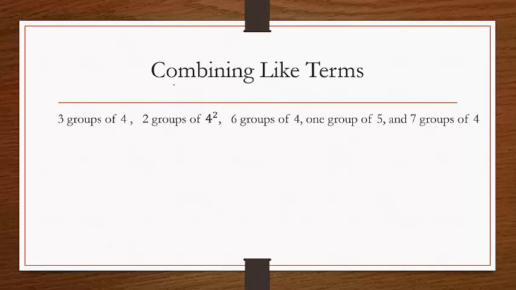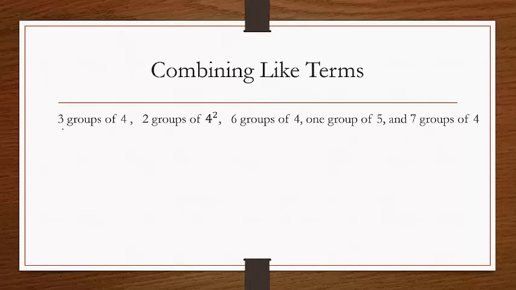All right, so we're going to look at combining like terms. Many of you have probably used letters before, like 3x and 4y and 6p and all that fun stuff. But instead of using letters, we're going to start with numbers because letters really are just mystery numbers.